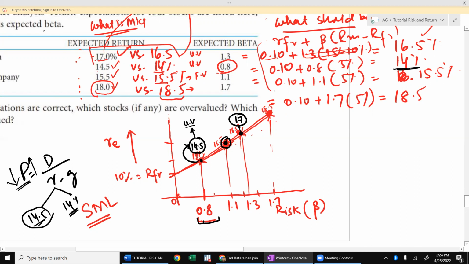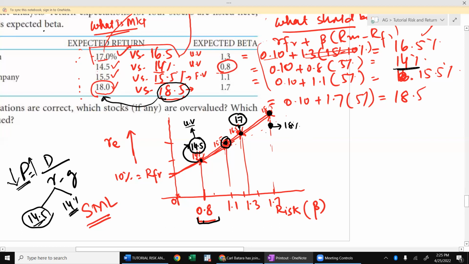Last one: CAPM says that you should expect 18.5%, but market participants are currently expecting 18%. So they are expecting low, right? But CAPM says they should use a higher return, higher RE. They are requiring less, so they should require more according to CAPM.